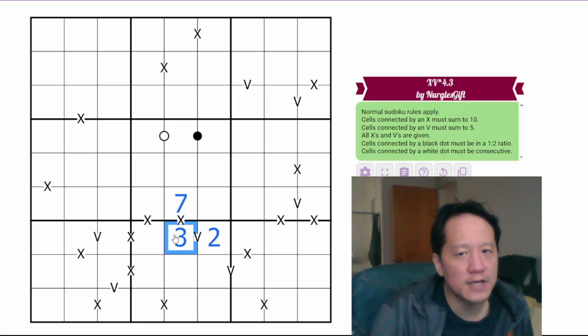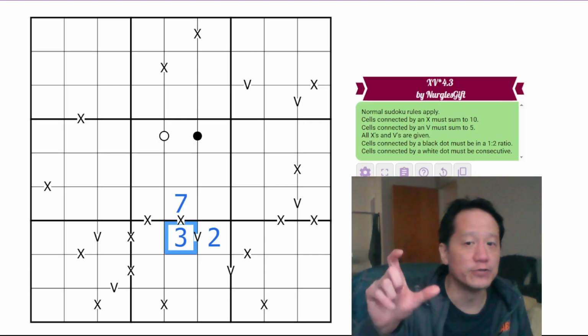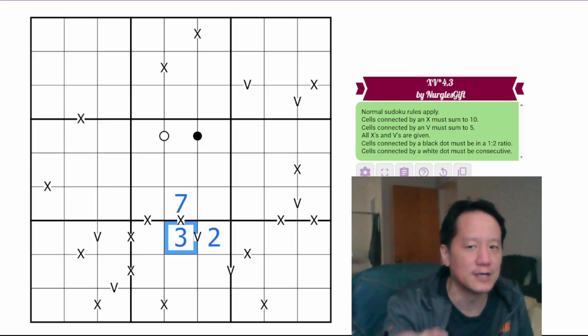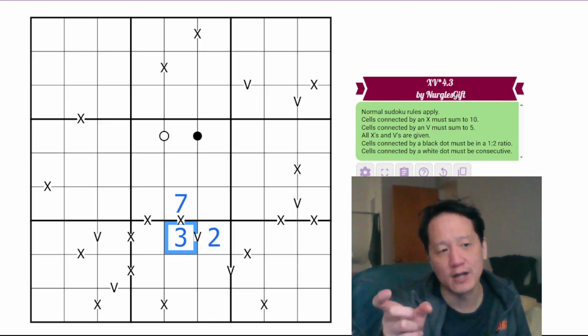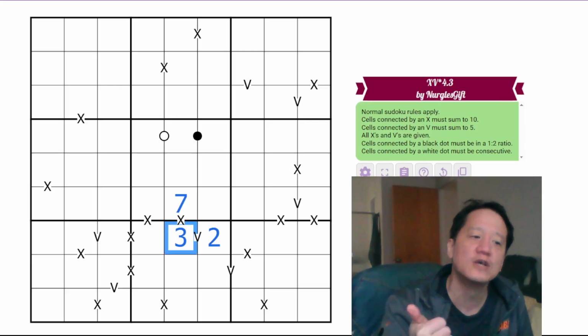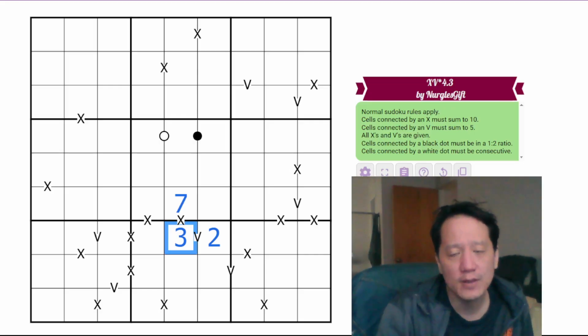So that is XV and negative constraints as examples. We have cells connected by a black dot must be in a 1:2 ratio, and cells connected by a white dot must be consecutive. However, there is no rule which says all black dots and white dots are given, so we do not have a negative constraint for the dots, but we do have a negative constraint for the X's and V's.